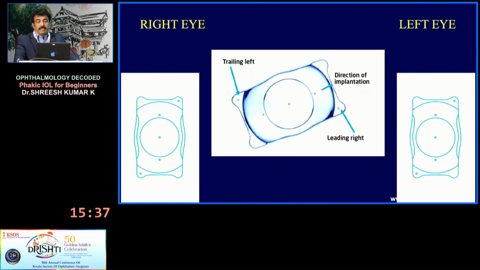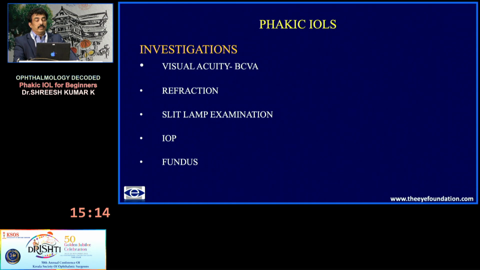And in case of ICL from STAAR Surgical, there are two implantation holes, that is, in the leading right and trailing left. So this should always be followed. The leading right should have the hole and the trailing left should have the hole for proper orientation of the lens within the eye.